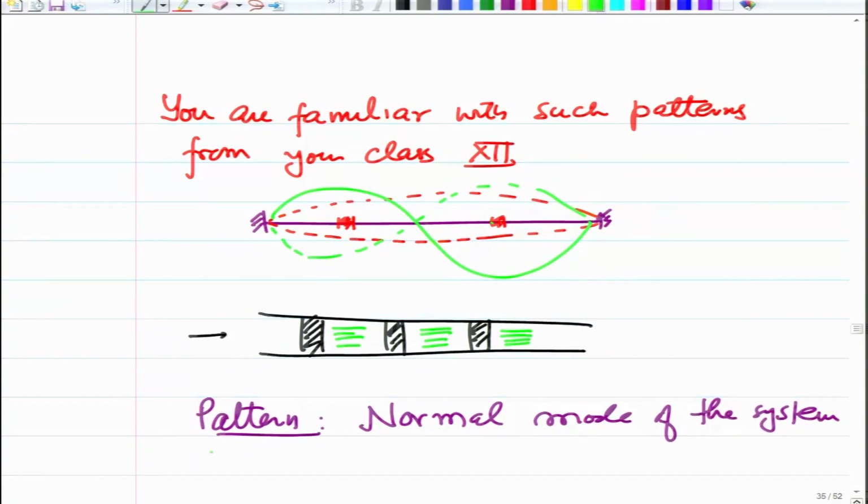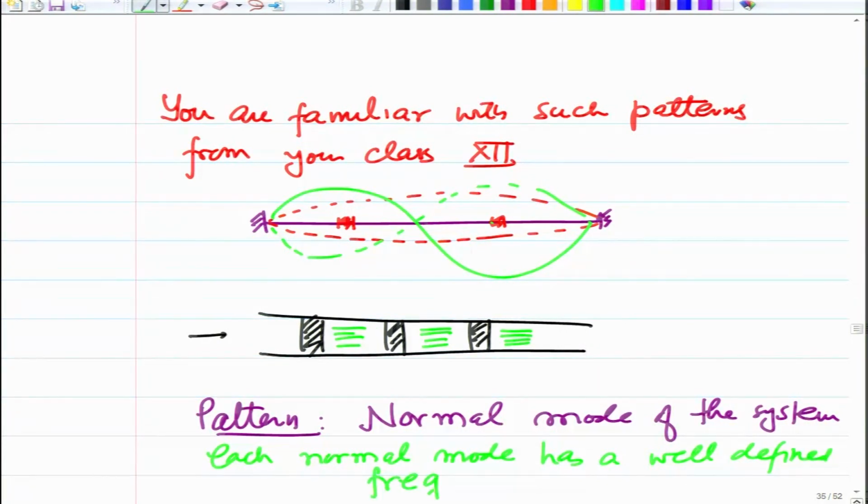And each normal mode has a well defined frequency. So, whenever I take an extended system like the string out here, or an organ pipe, or my crystal planes, they all participate in this vibration, and this vibration has a well defined frequency omega.